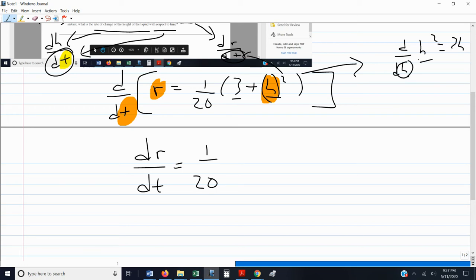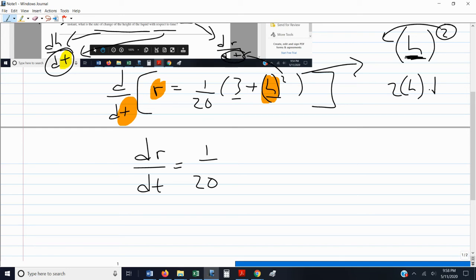And those are right, h is the independent variable, so you would just get 2h. The fact that we are using time as our independent variable, h squared, you're going to use the chain rule. You're going to move down the 2, leave the inside, 2 becomes a 1, and then you need the derivative of the inside. Again, it's not 1, it's h prime, or dH/dt.